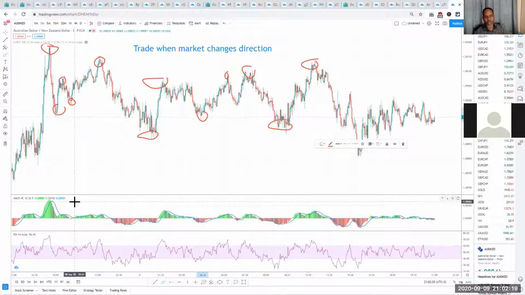Type on the chat. How do we know? You've been to series 100, 200, 300, 400. How do we know when the market is turning? We have now known that the use of RSI and the MACD is to be able to predict when the market is in consolidation, all right?